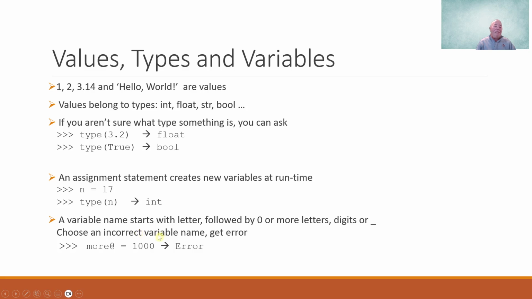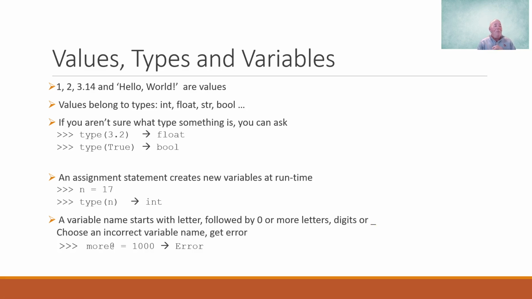And then this last statement here is important to understand. Variable names can be anything except a reserved word, and we'll see that in a moment, or a name that does not conform with the rules. And the rules are this: it must always start with a letter, followed by zero or more letters, digits, or the underbar or underline symbol.